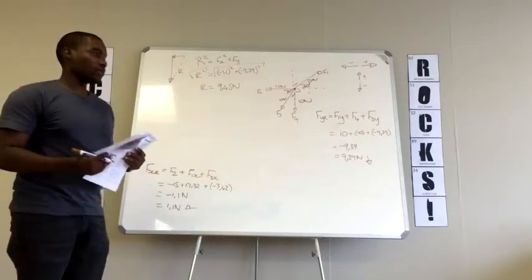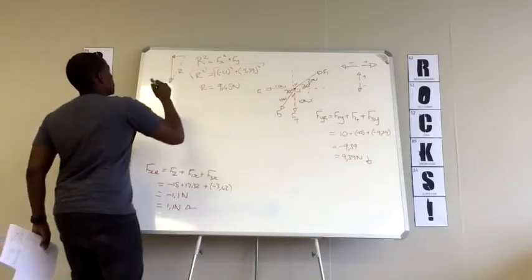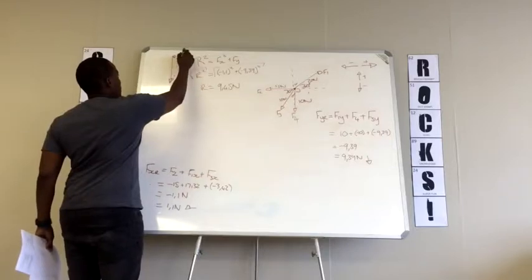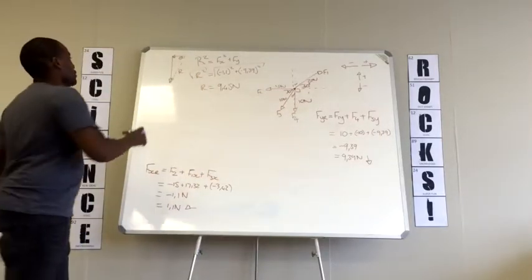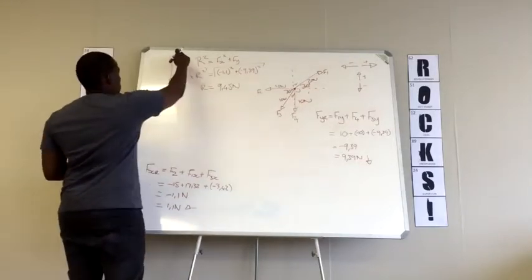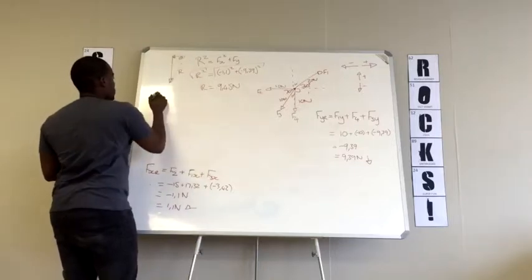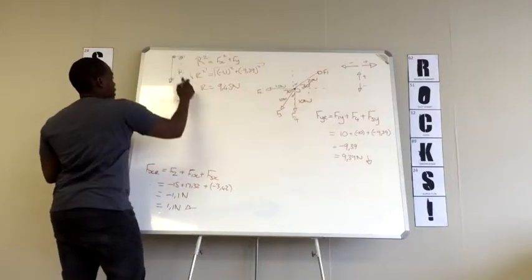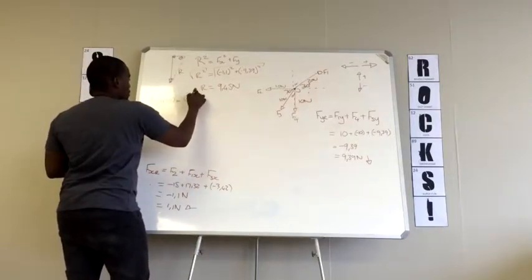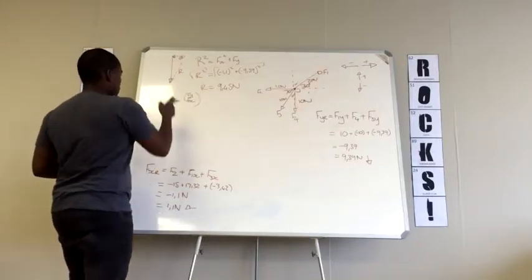Okay, awesome. Now we just need to find our direction. So what I'm going to do is put my theta there. With my theta there, I'm going to work out my angles. Then tan theta is opposite over adjacent, so tan theta is equal to my fy over my fx. Then I can solve theta by doing the arctan of this whole thing.